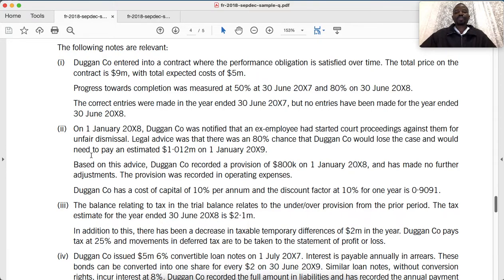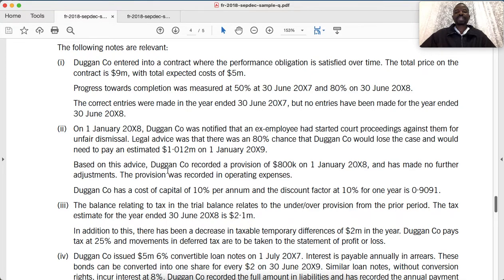Legal advice was that there was an 80% chance that DCO would lose the case and would need to pay an estimated 1.012 million on 1 January 20x9. So this lawsuit, we have to pay it after 1 year from the beginning of the year. So what we need to do, we need to discount this payment to present terms.